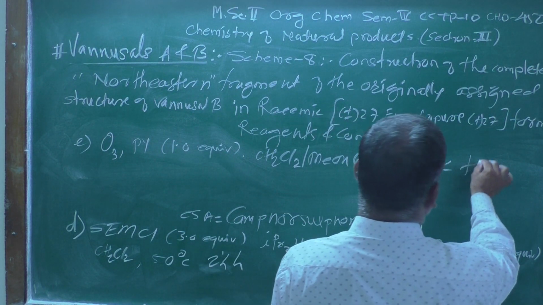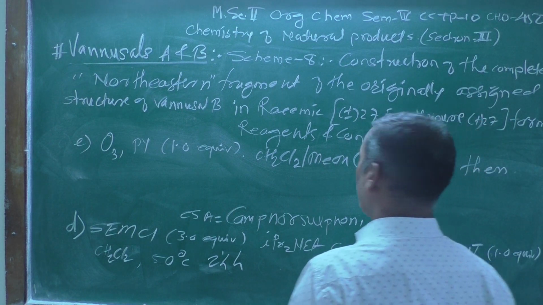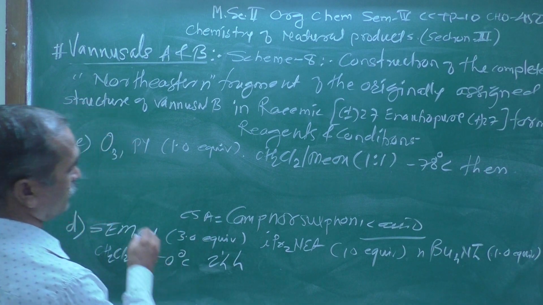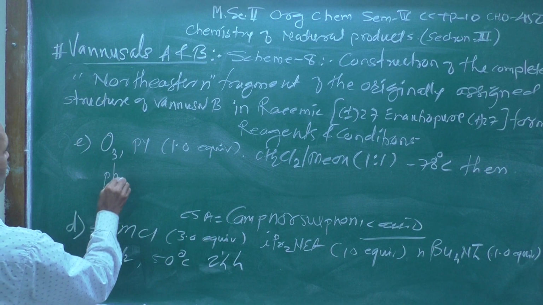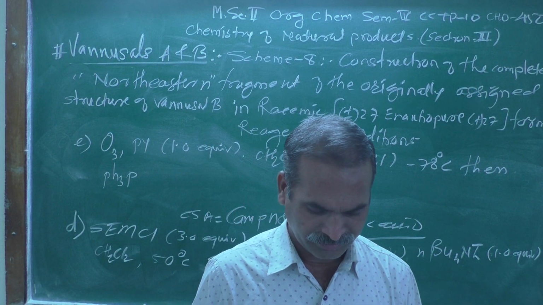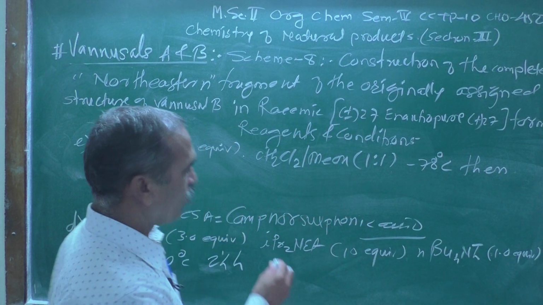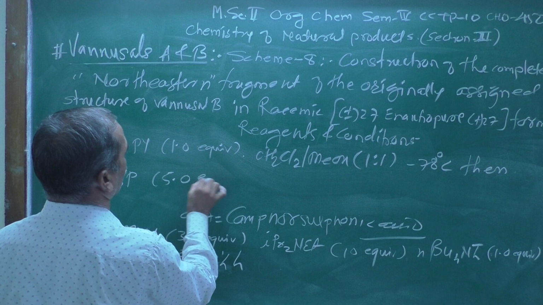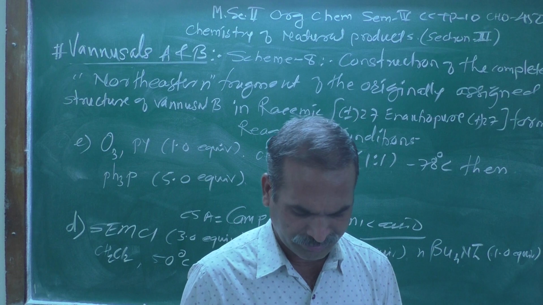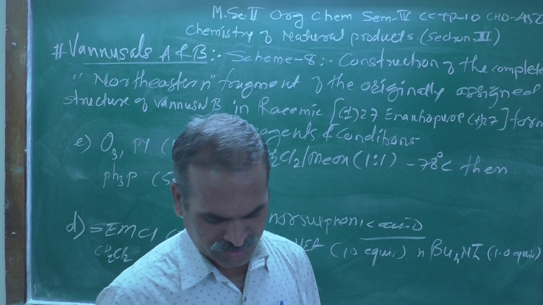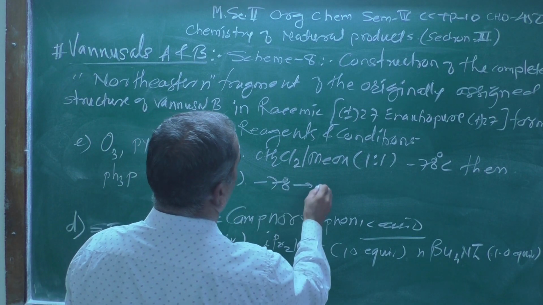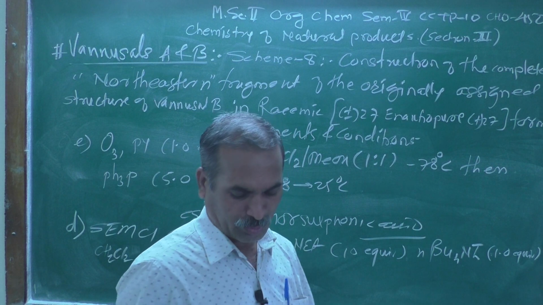When the temperature is attained at -78 degrees centigrade, then PPh3, triphenylphosphine, was added, 5.0 equivalent, and the temperature changes from -78 to 25 degrees centigrade, room temperature.